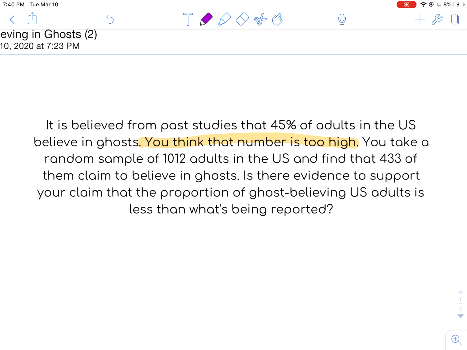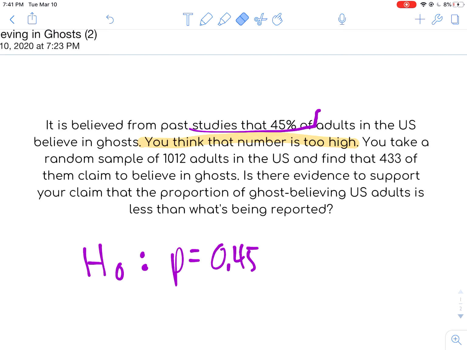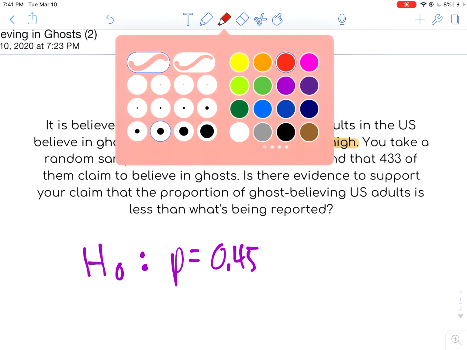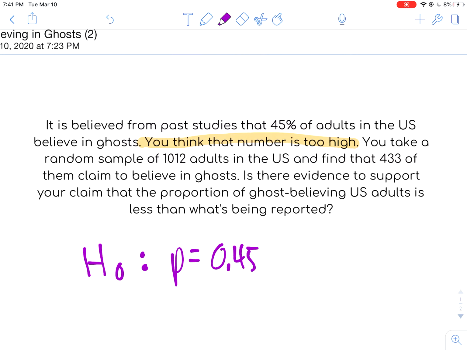So what am I going to do here? I'm going to establish a null hypothesis that the parameter is 0.45. I'm going to make this nice and easy. I'm going to highlight this in purple, save myself some writing. Typically, you should write it out, but I'm just doing this for the sake of time.